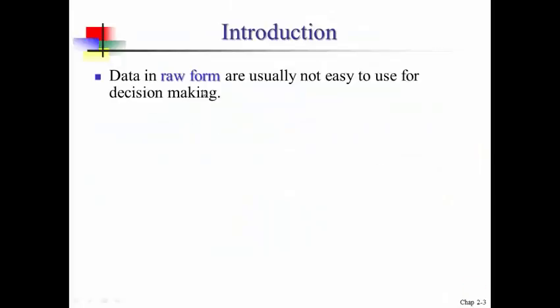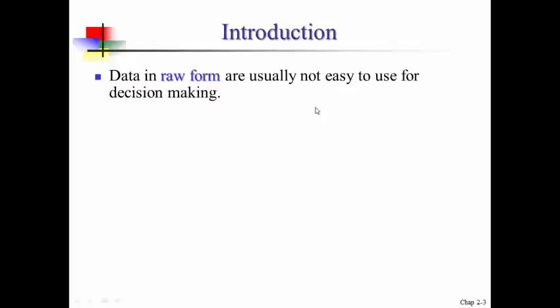Data in raw form are usually not easy to use for decision making. Yes, sure. Data that you just get from the source is not clean, it's not organized yet. It's a raw form, it's a messy form. That's why you cannot use raw data in order to make decisions, because it is not telling you clearly.